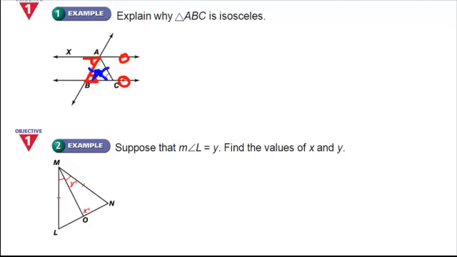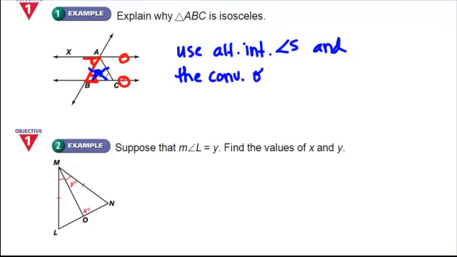It's the converse of the isosceles triangle theorem. So use alternate interior angles and the converse of the isosceles triangle theorem. That's how you know.